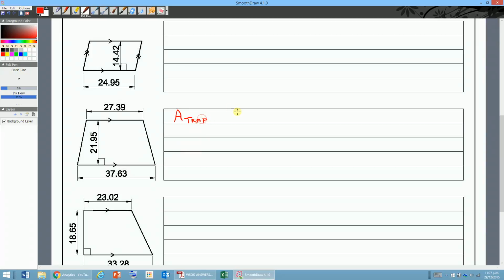So the area of a trapezium equals, and I'm just going to go over to refer to my answers that I have prepared previously, just to make sure that I've got things about right. Now, the area of a trapezium is equal to half the sum of the parallel sides, which we refer to as A plus B, times the height.